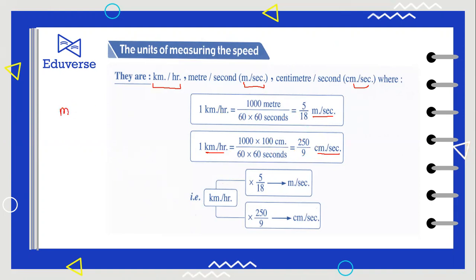If I have meter per second and want to convert it to kilometer per hour, multiply by 18/5, and to convert from centimeter per second to kilometer per hour, multiply by 9/250. It is the reciprocal of the two fractions.